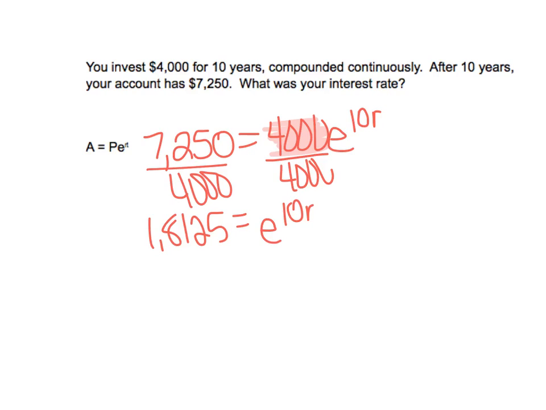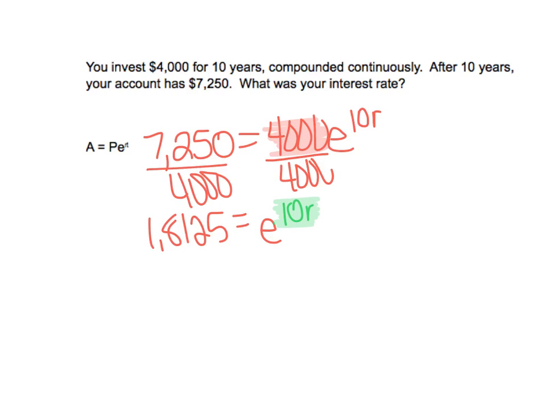Anytime that we have a variable in the exponent, like 10r is part of our exponent, and r is the variable that we're trying to solve for, we need to change it from exponent form into natural log form so that we can solve for r.